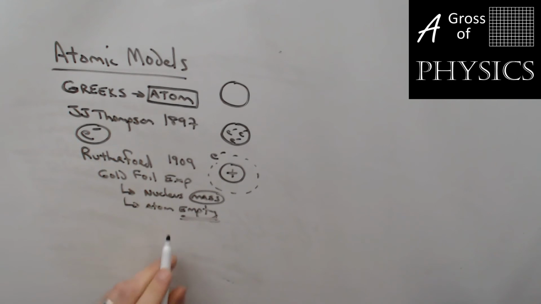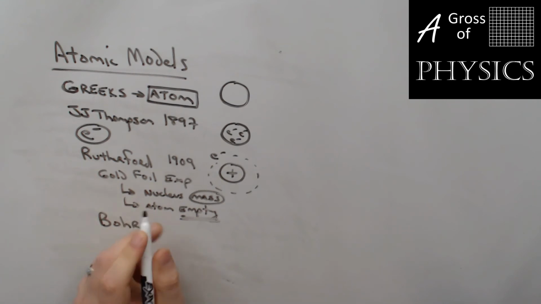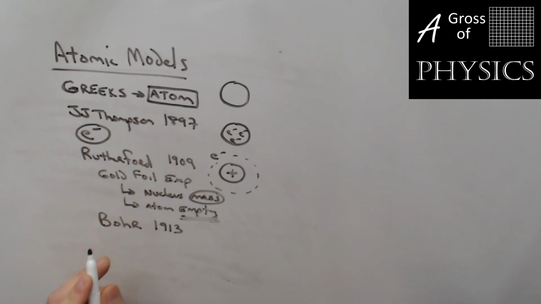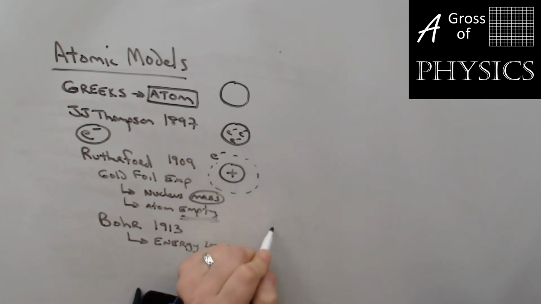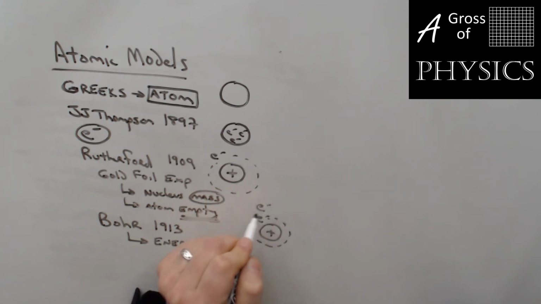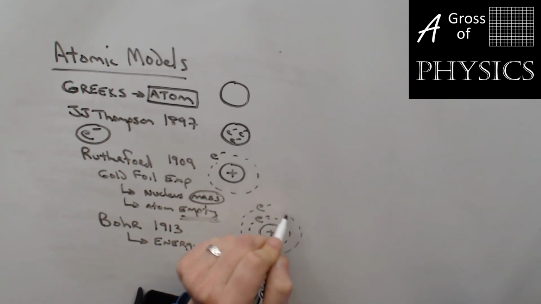Now, with the Rutherford model, then came the Bohr model. Niels Bohr, in 1913, came up with a model where you had energy levels. And basically, you had the nucleus here, and the electrons were at different orbits, if you will, around the nucleus.